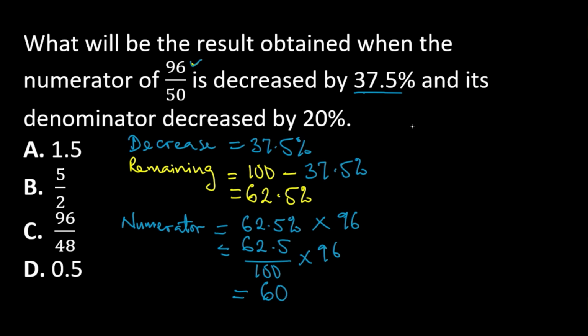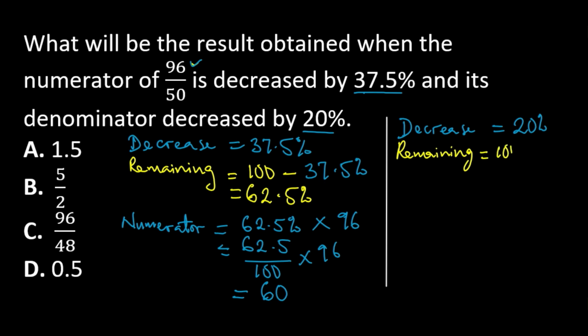And we can see here that the denominator is also decreased by 20%. Percentage decrease is 20%. So it will remain 100 minus 20%. So we have 80% that will be remaining in the denominator.